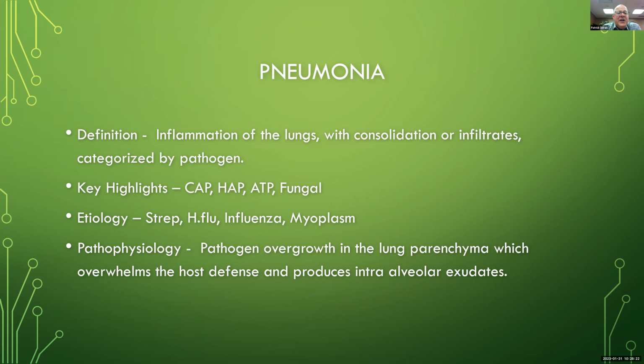Basically, pathophysiology, the pathogen overgrows in the lung parenchyma, and it overwhelms its host and its inability to clear it, and it just starts to spread and worsen, okay? And they talked about transudate and exudates.